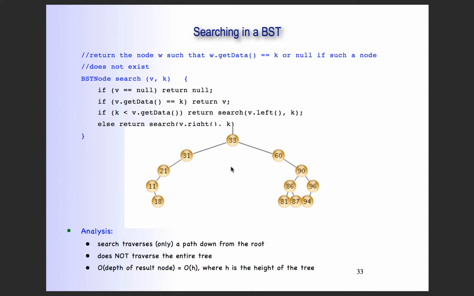Then you have to traverse the whole path to find that data, and that path is the longest path, and the longest path is the height of the tree. So the complexity of a searching algorithm in a binary search tree is the height of the tree, big O of h.